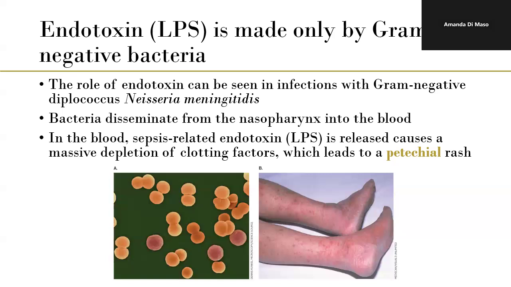And they show up as this little petechial rash. Petechial just refers to redness. So in this case, we've got these little red rash bumps all over, plus a kid who's having meningitis symptoms and shock symptoms, and you can say pretty conclusively that's probably a gram-negative sepsis of some kind. So that's just an example of how LPS can show up symptomatically in the clinical setting.